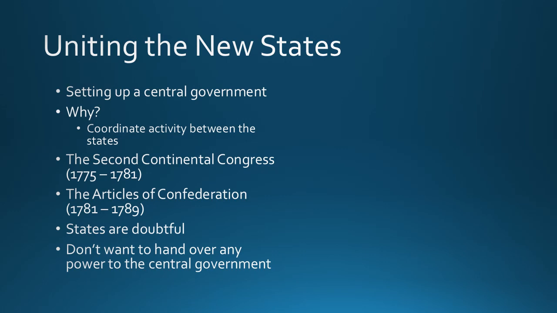So they don't want to hand over too much power to any central government. For this reason, the Articles of Confederation set up an extremely weak central government. The first government of the United States is very, very weak and can't really tell the individual states what to do. This has important problems that we'll talk about in the next slideshow.